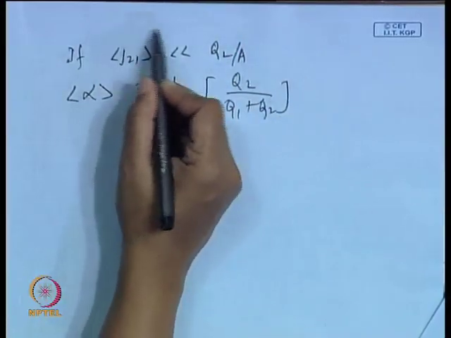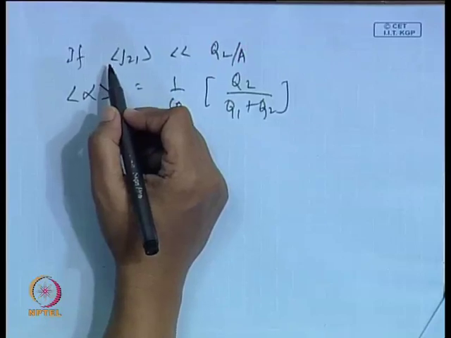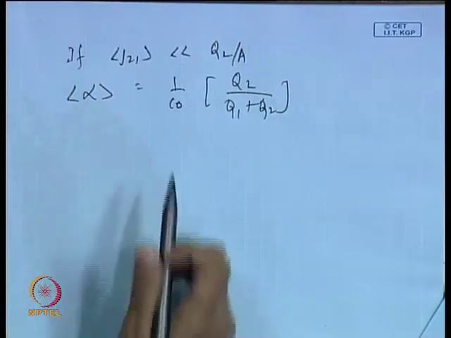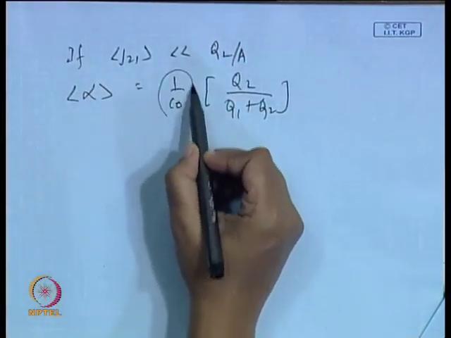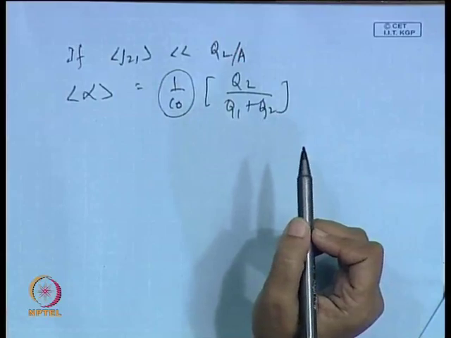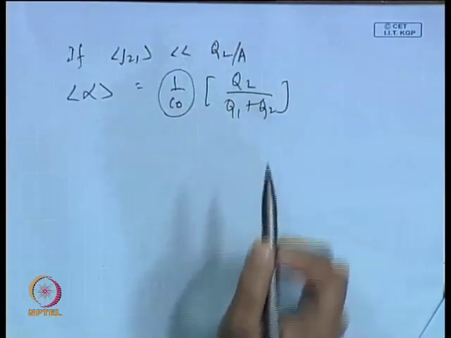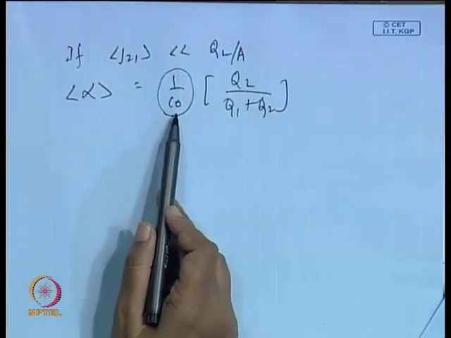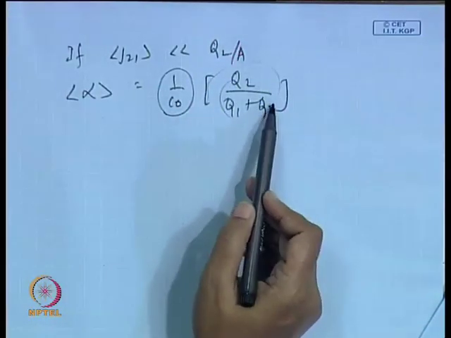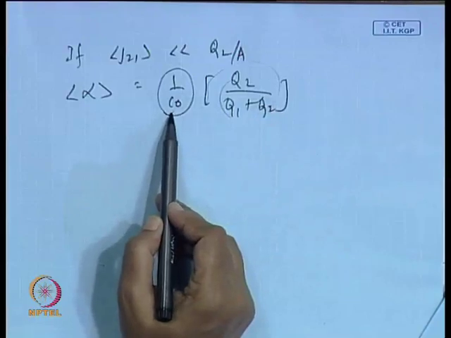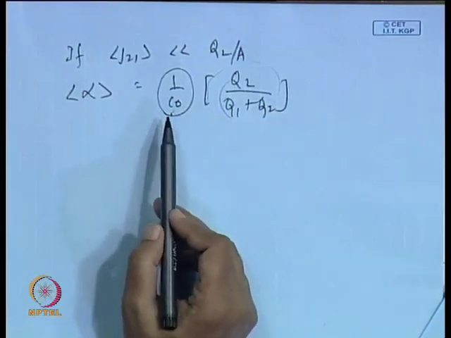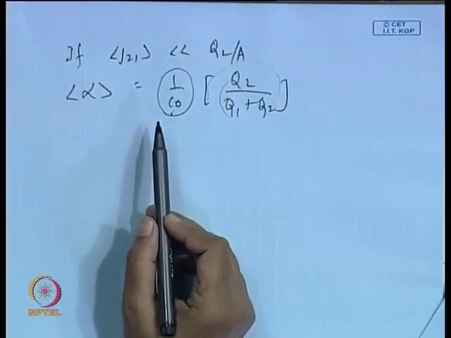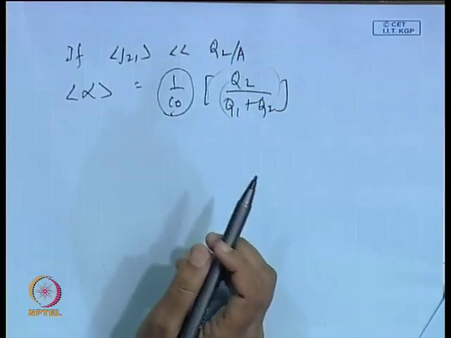In other words, if the drift velocity or drift flux is very small, that means the two phases are moving at almost equal velocity. Under those circumstances, we just need a distribution parameter in order to account for the non-uniform velocity and voidage profiles. Therefore, simply the homogeneous value has to be modified by the term 1 by C0 in order to account for the non-uniform velocity and the voidage profiles, and accordingly this particular correction is found out.